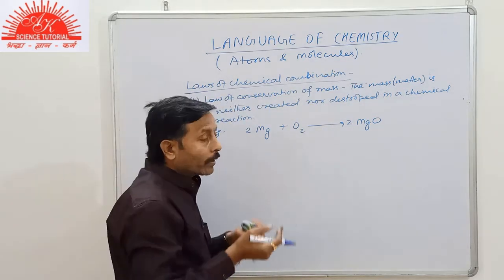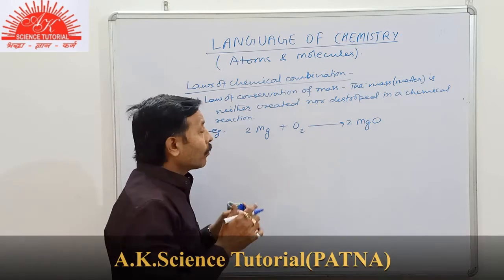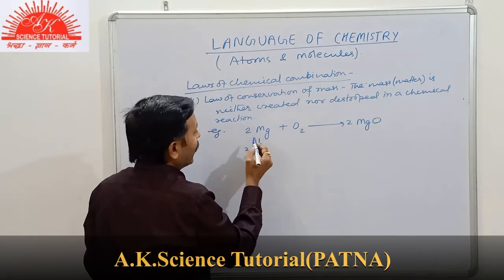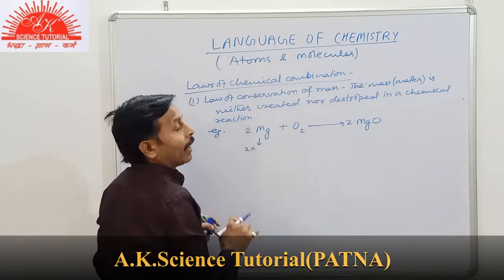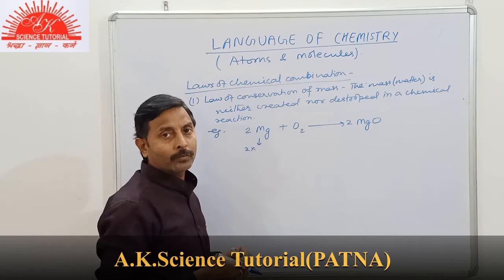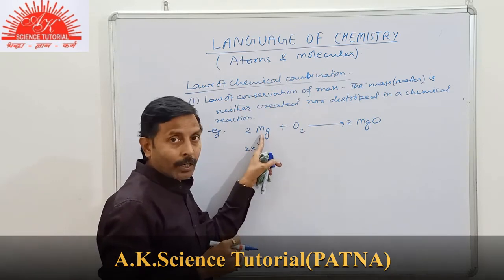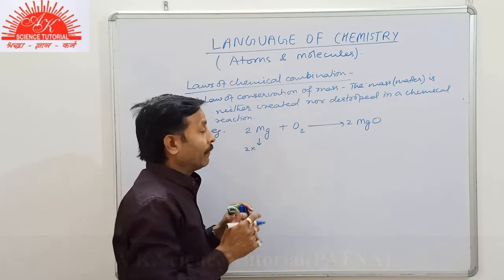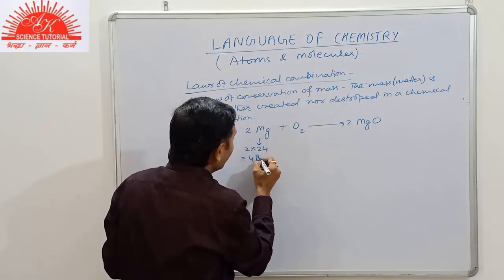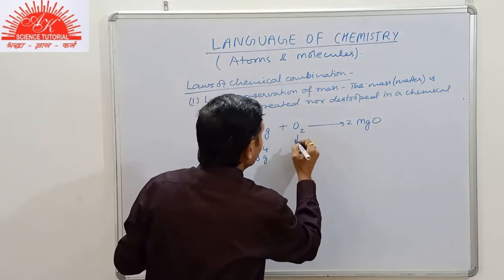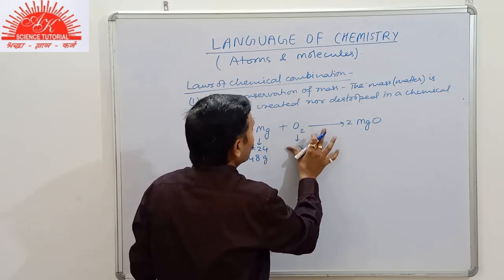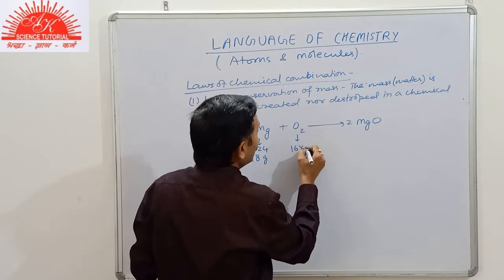Now let us calculate the mass of reactants and products. Here we see 2 multiplied by the atomic mass of magnesium, which is 24. Its atomic number is 12, but its mass number is 24. So 2 into 24 is 48 gram. Here 16 into 2.